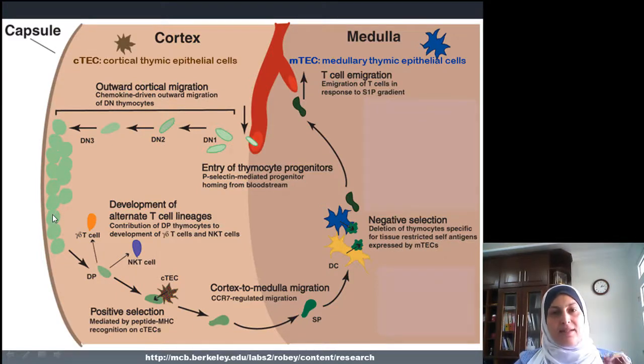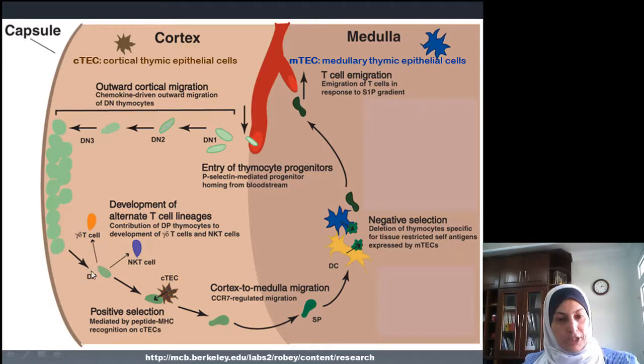Remember that the T cell is still not in a complete T cell form. At this stage, it starts to do the rearrangements of the T cell receptors. As it differentiates further and develops the T cell receptor, it forms the double positive.